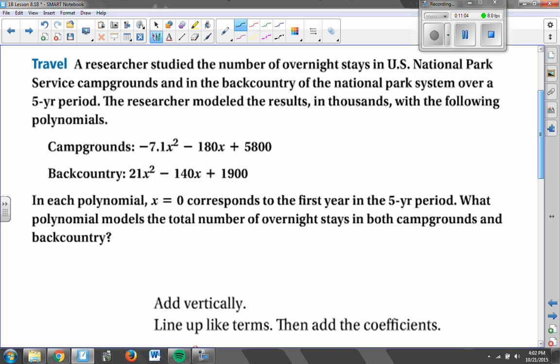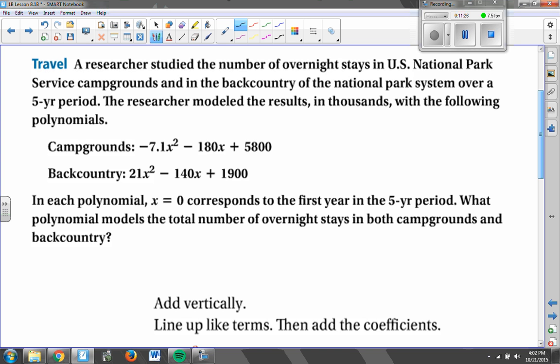The researcher modeled the results in thousands with the following polynomials. So here we are, negative 7.1x squared minus 180x plus 5800, that was the campgrounds polynomial, and 21x squared minus 140x plus 1900, that is the backcountry's polynomial.